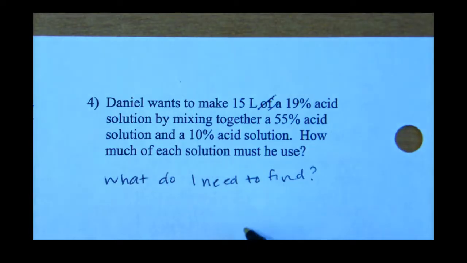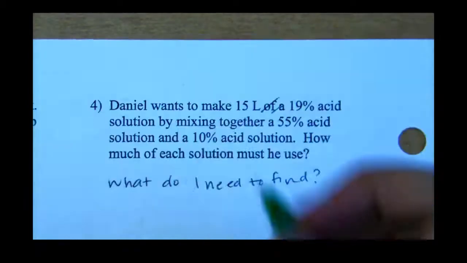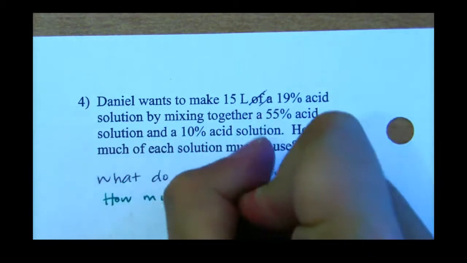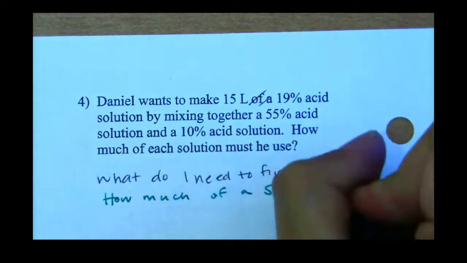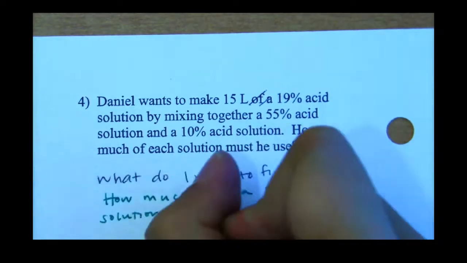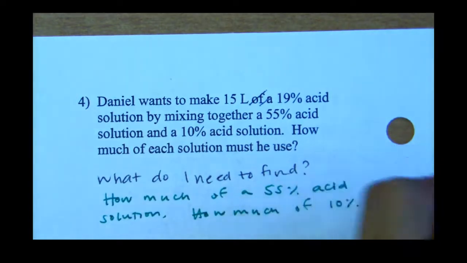So take a moment and identify, what are you finding in this problem? What is this problem asking you to do? Hopefully you figured out by now that you need to find how much of a 55% acid solution you need and how much of a 10% acid solution you need.